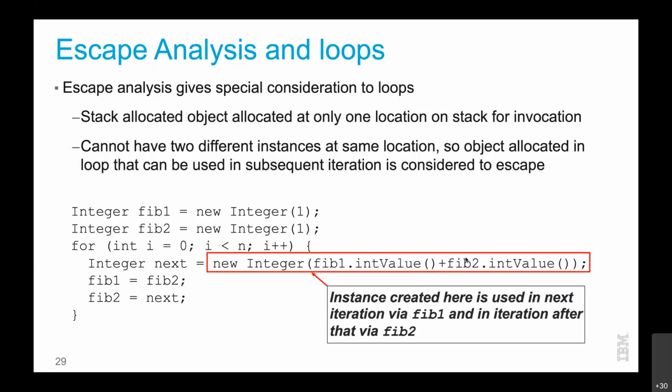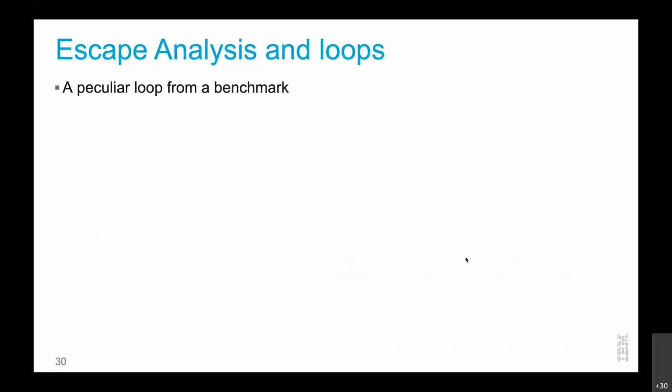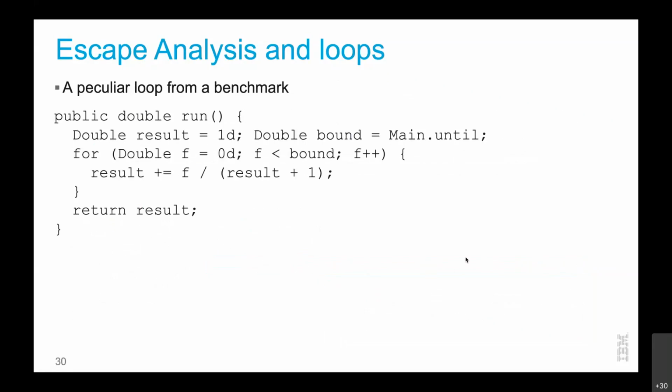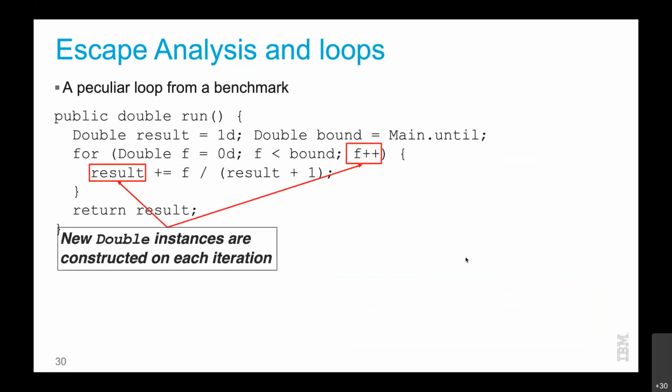Okay, but in many cases, you still have things that behave in a favorable fashion within a loop, where an object is created within a particular invocation and only used during that invocation. Or in an example like this, which came from an external benchmark, that was intentionally trying to test out how object allocation is happening in comparison to use of primitives in a similar situation.